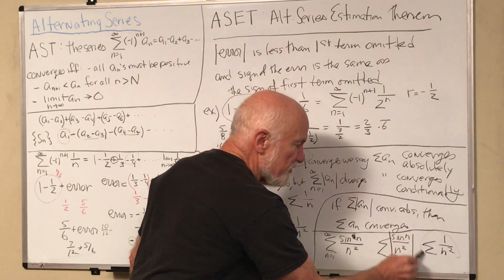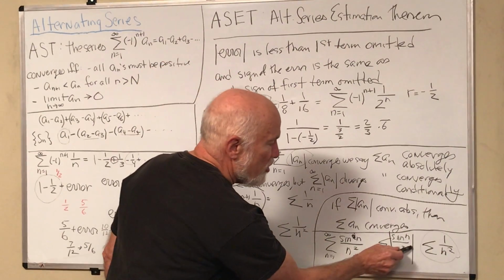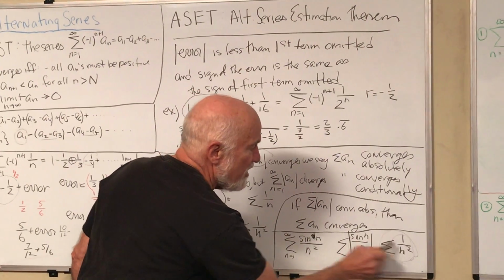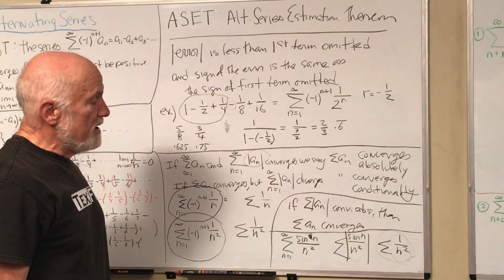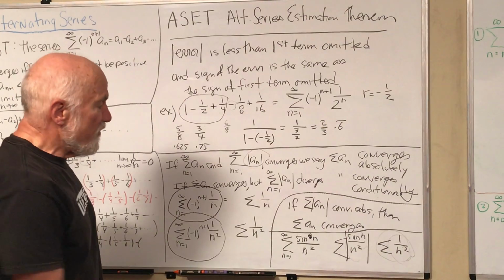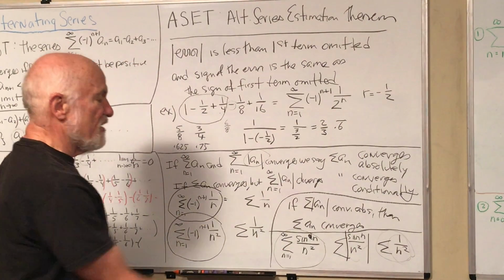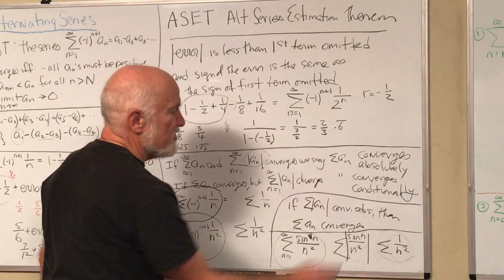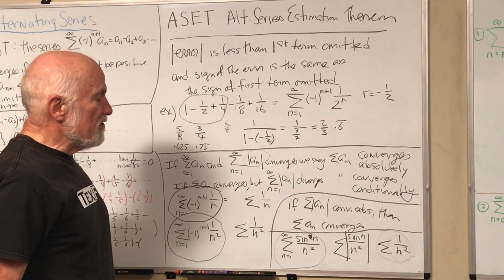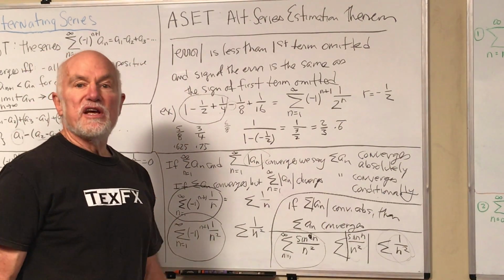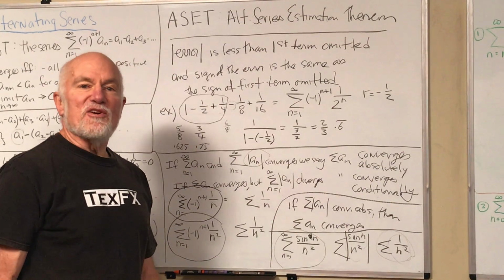And we know that this converges, and we know these terms are smaller than here because the sine never gets bigger than 1. So therefore, we can say that this one converges, because we know that it converges absolutely, therefore it's going to converge as an alternating series.